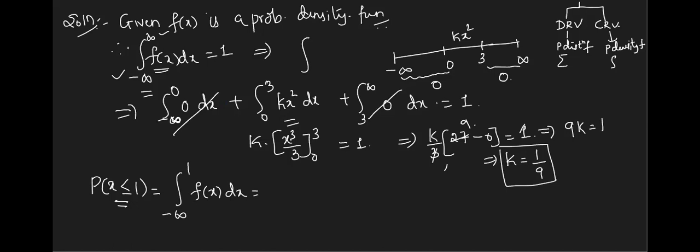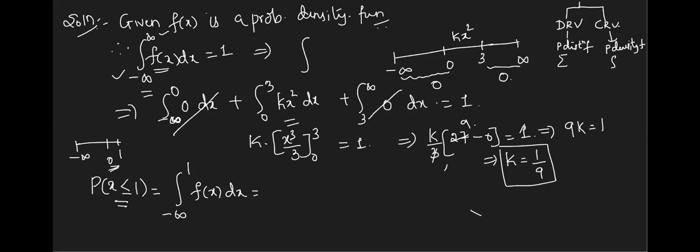Now again, I want to take the real line, where I have the limit from minus infinity to 1. Now just see the function defined. The function is defined from 0 to 3. So 0 to 3 means, what about 0 to 1? Is the function same as kx square or no?